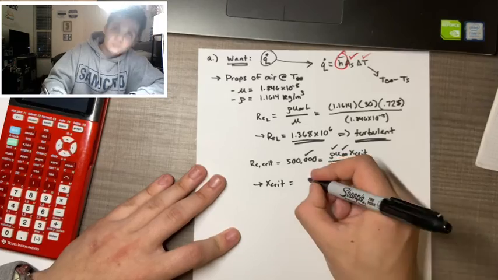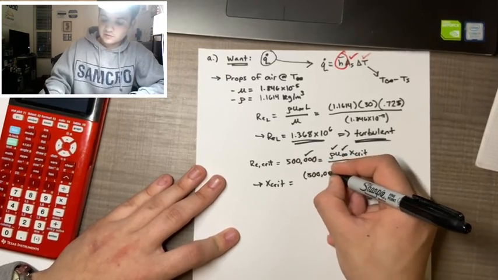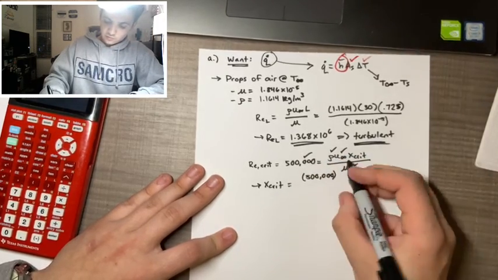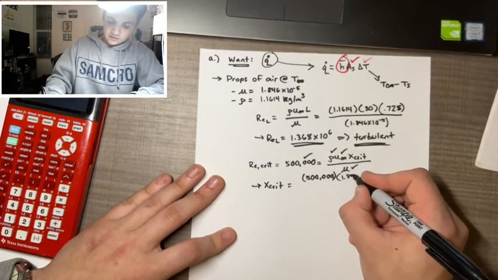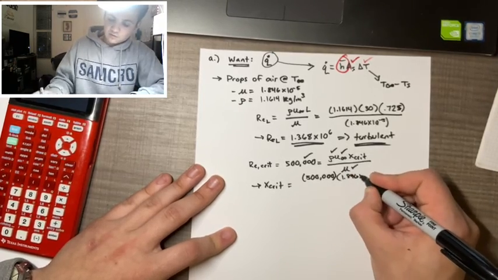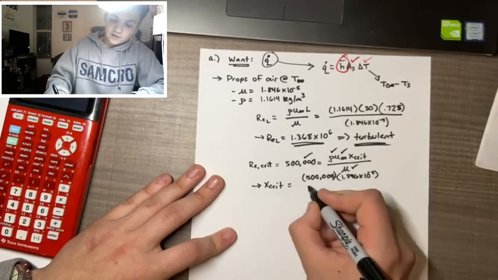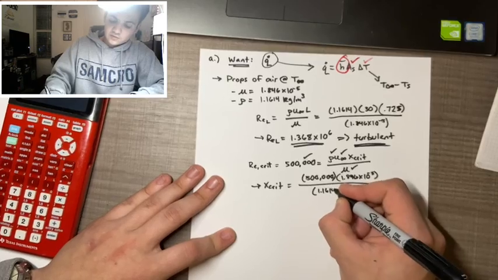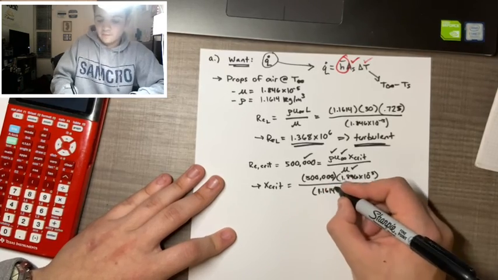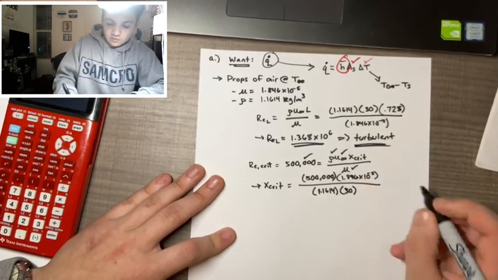It's equal to 500,000 times our mu, which is 1.846 times 10 to the negative 5, all of that divided by our density, 1.1614 kilograms per meter cubed, times 30 meters per second.